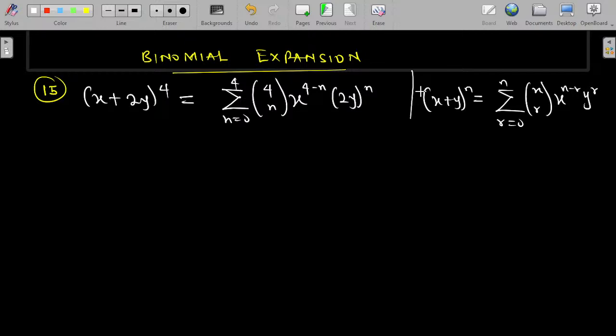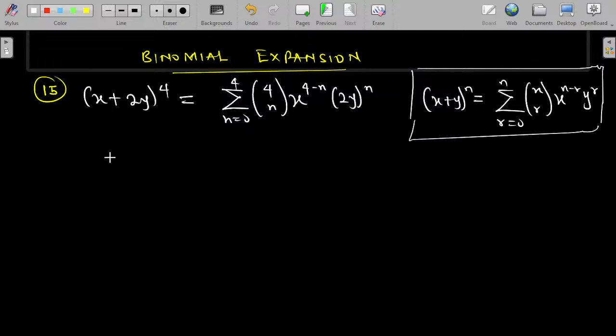So this is the general formula, and that's what was used to get what we have here. In this case, your y is 2y and your n is 4, while they represented your r here with n, which is what I used r for.